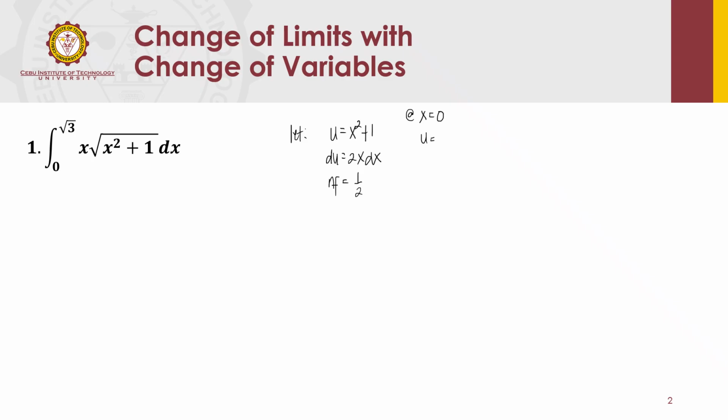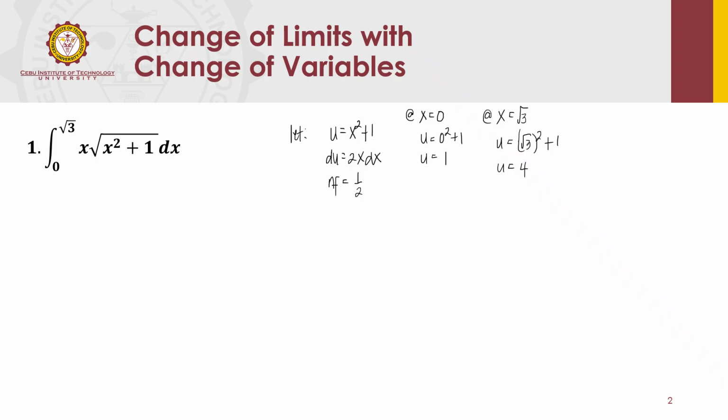Knowing that u is x squared plus 1, x is 0, so that's 0 squared plus 1. So the new lower limit is 1. And for the upper limit, square root of 3, the new upper limit is square root of 3 squared plus 1, or that's 3 plus 1, or 4.